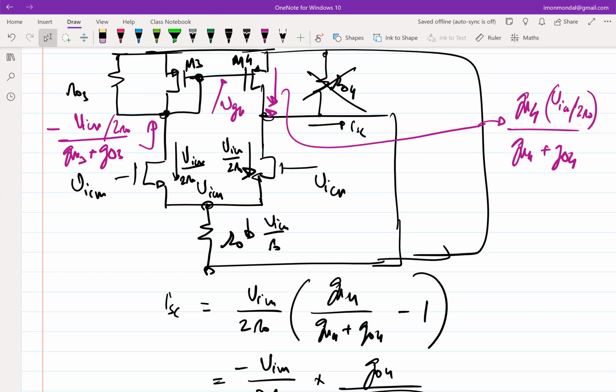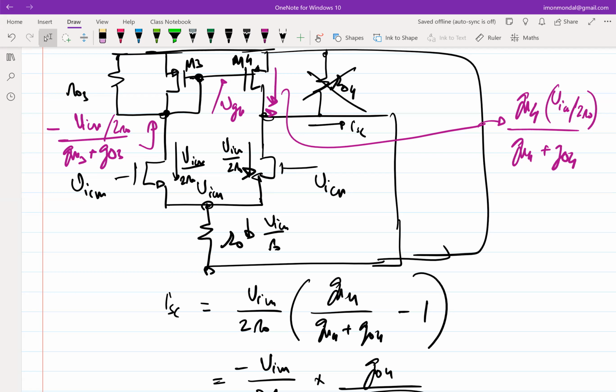If you don't neglect the channel modulation of M1 and M2, you will get another correction factor. Granted, but it will not make too much of a difference, because ultimately whatever goes here is getting mirrored, and the mirroring is imperfect. So there will be some additional factor with which this term will get modified, but that's not significant.